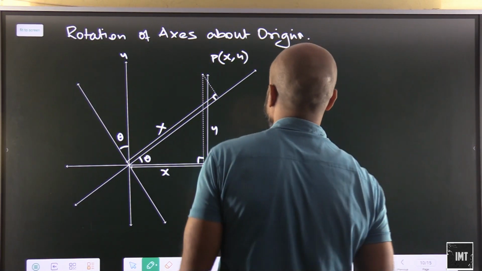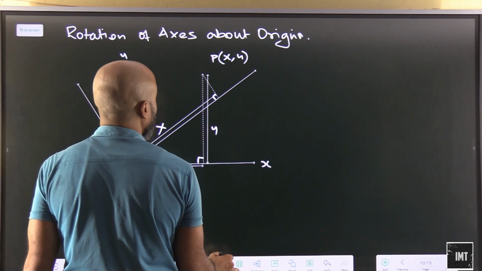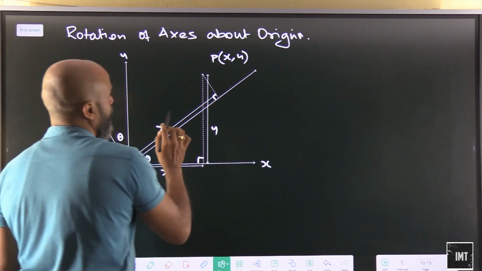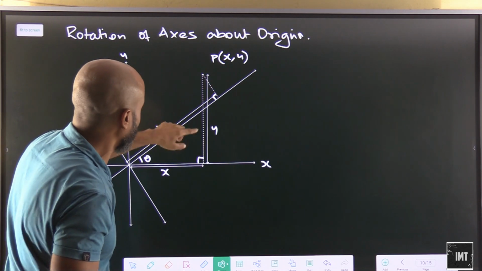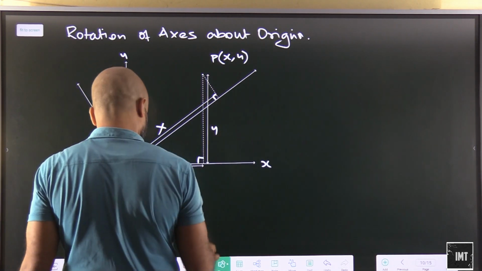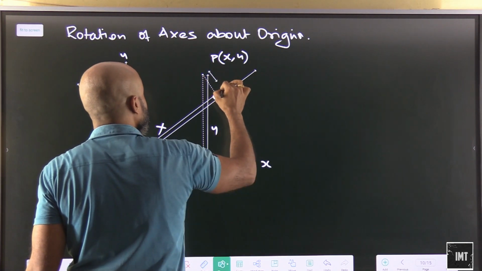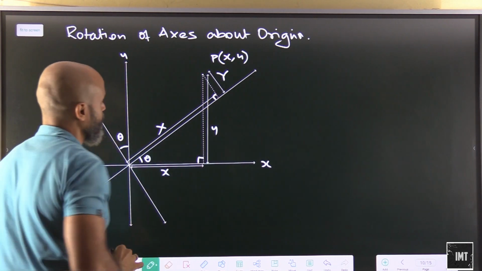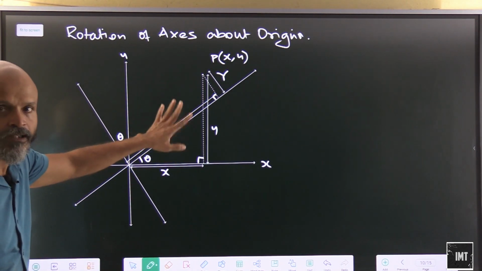And this is going to be capital Y. So this is capital X, this is capital Y, and this is the angle theta. Okay, all right.